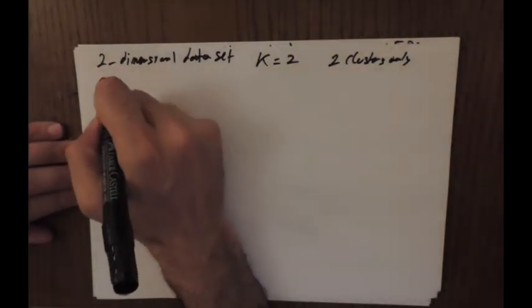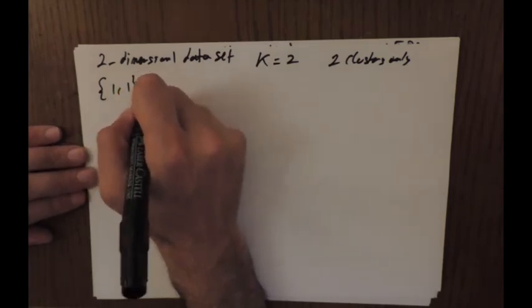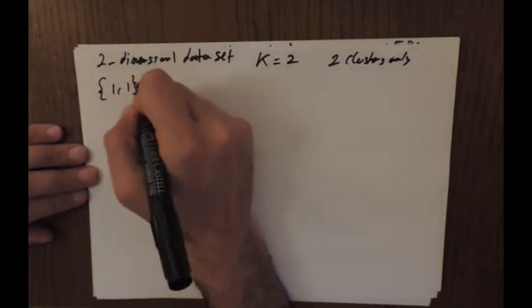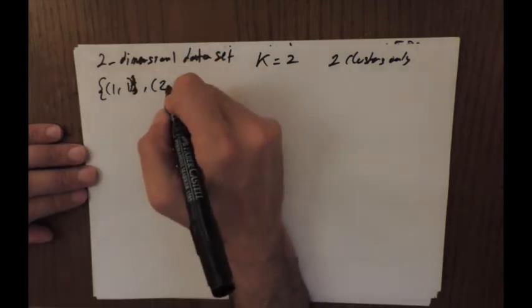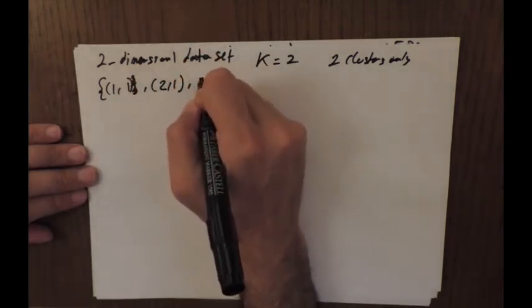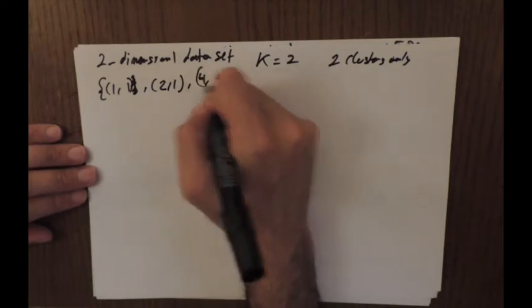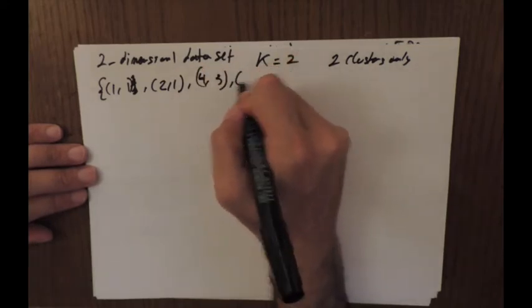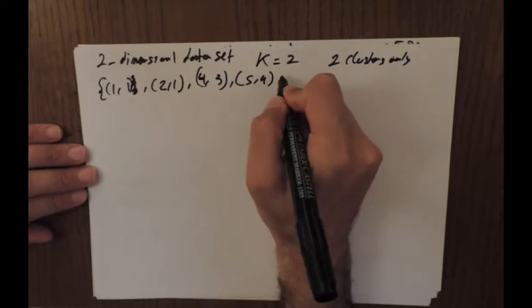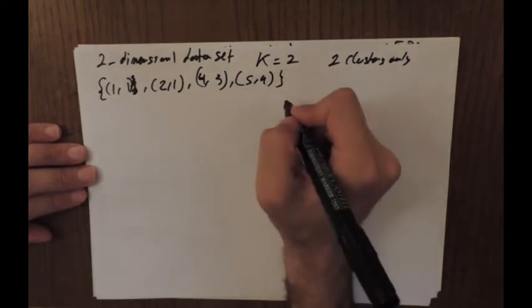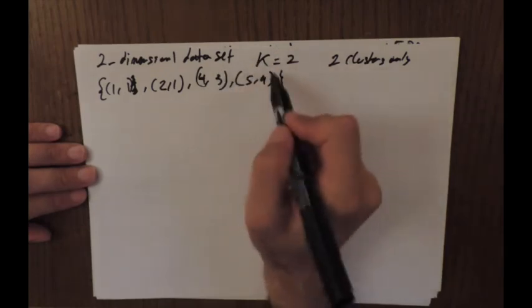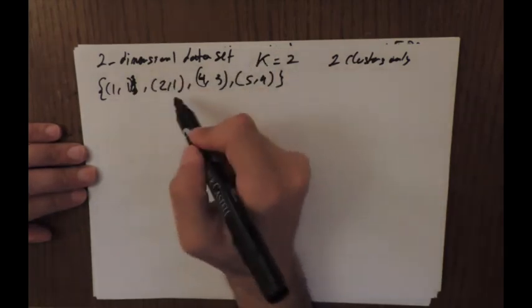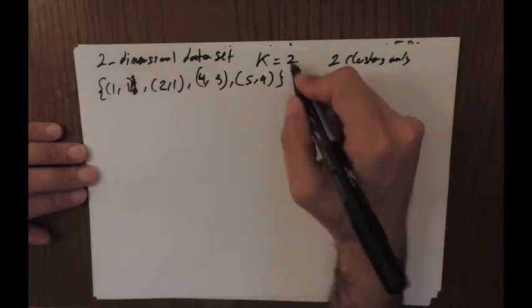So given the data set 1, 1, 2, 1, 4, 3 and 5, 4, this is our data set. We choose randomly. We can notice here that this belongs to one cluster and this belongs to another cluster, and we have k equal 2.